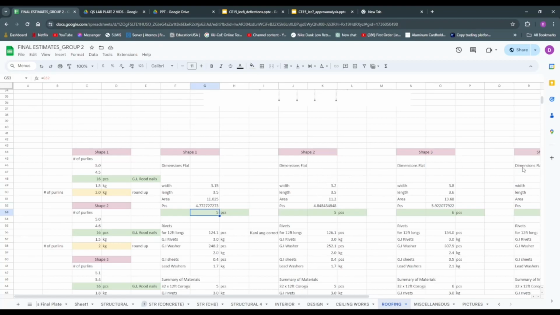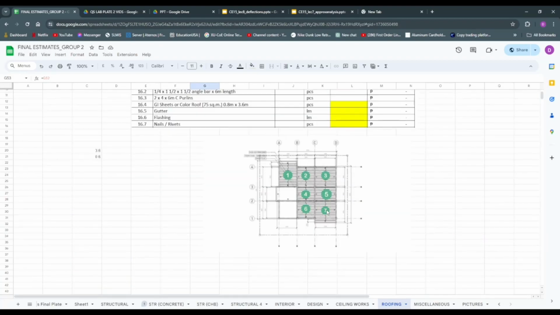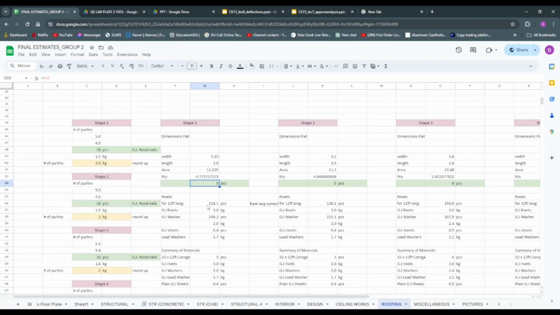I repeat this until I finish all shapes, up to 7. To get the rivets, I multiply the total pieces of the shape by 26.